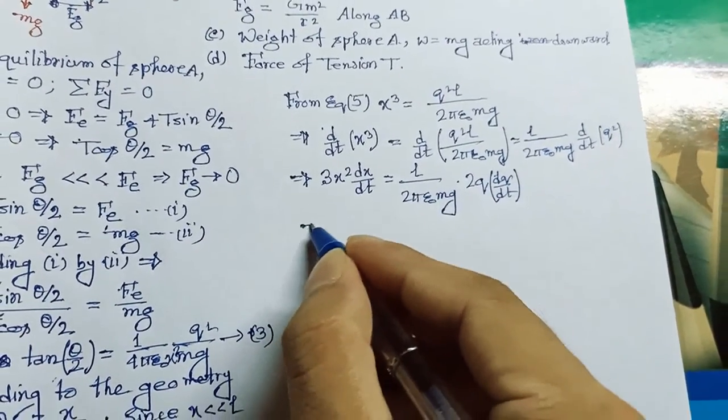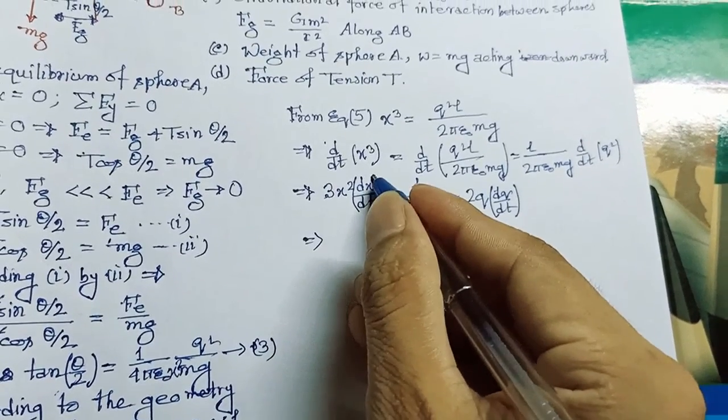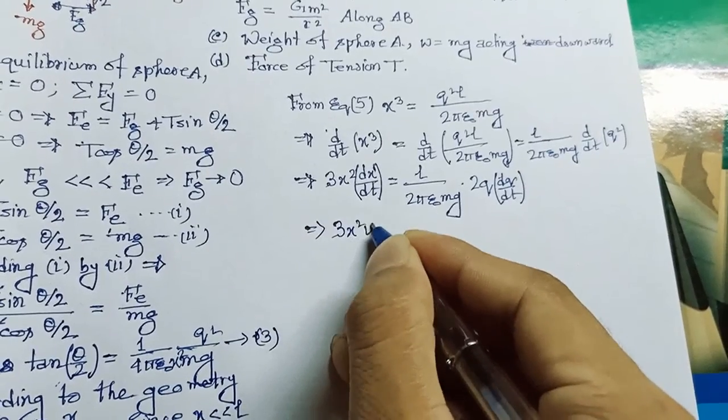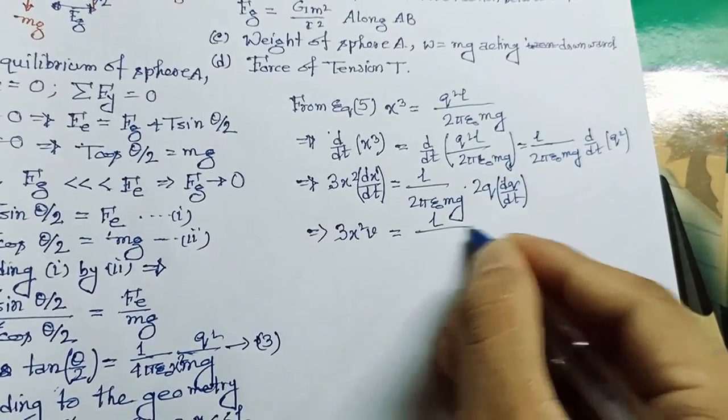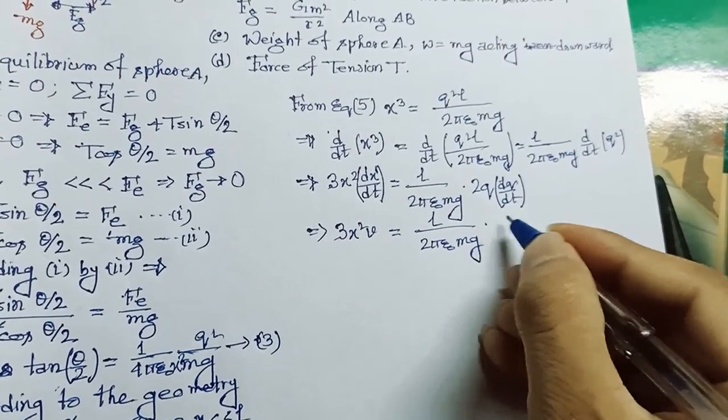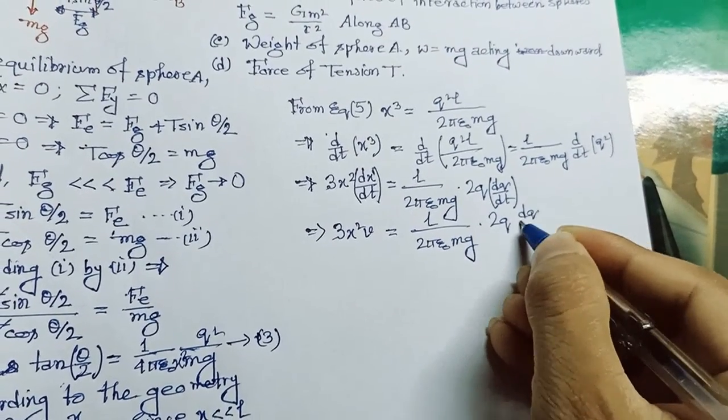Now we will replace the value dx with respect to dt as v. So we can write 3x square into v will be equal to l divided by 2 pi epsilon naught mg multiplied by 2q into dq with respect to dt.